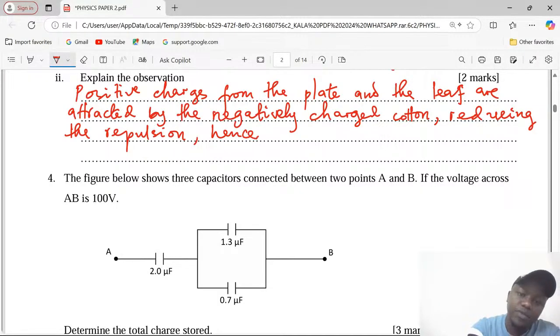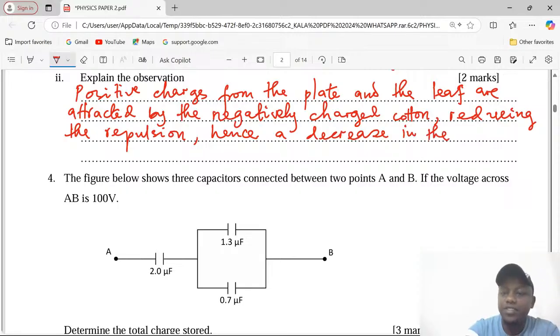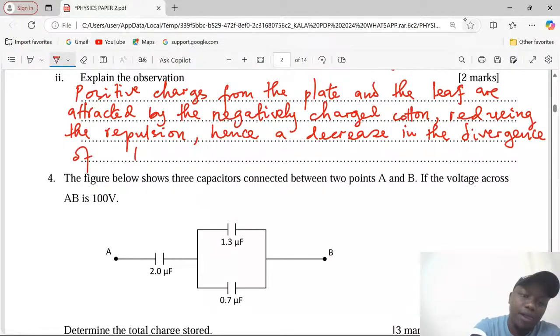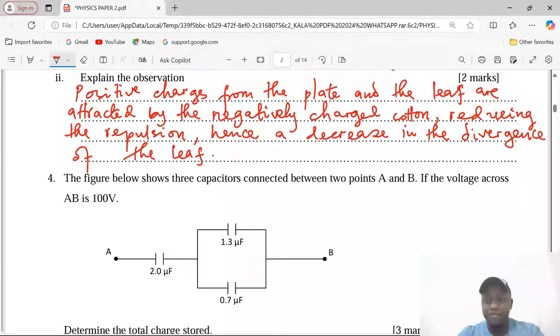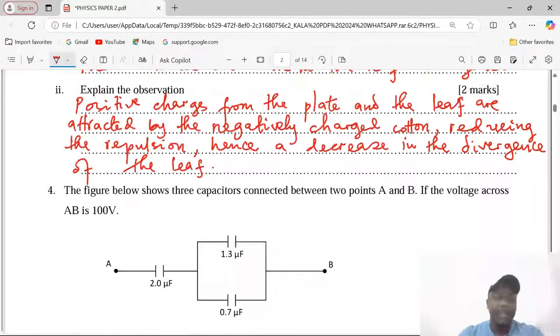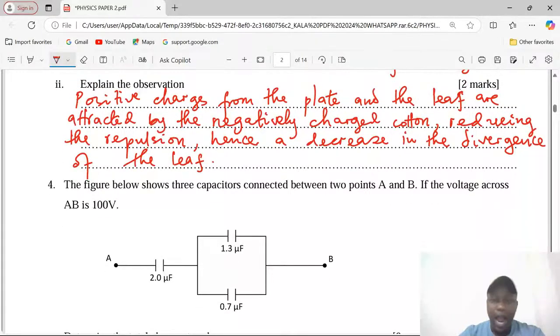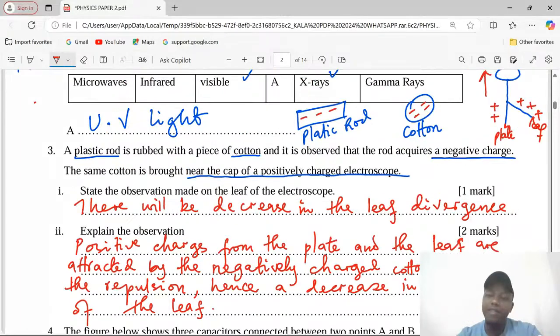Hence, a decrease in the divergence of the leaf. You should understand that divergence of the leaf happens due to divergence between the leaf and the plate.